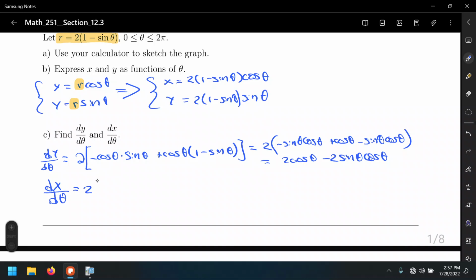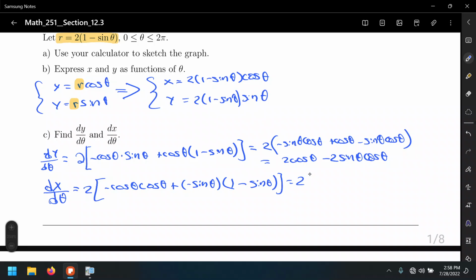So this will be, well, product rule involved. Be careful, we're differentiating the first equation, not the second one. So the derivative of 1 minus sine is negative cosine times the cosine that we have over here, and then plus the derivative of cosine, which is negative sine, times 1 minus sine.